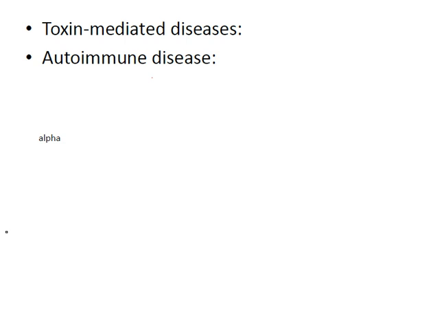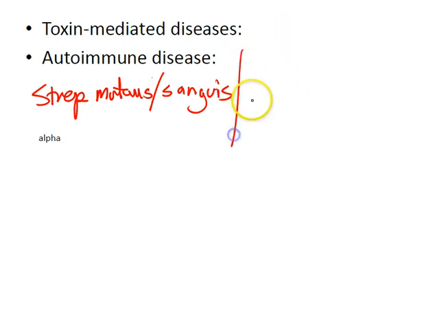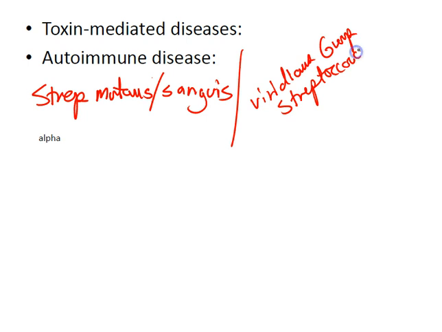Strep mutans and Strep sanguis are both members of the viridans group Streptococcus. Strep mutans is associated with dental caries, and Strep sanguis is associated with subacute bacterial endocarditis.